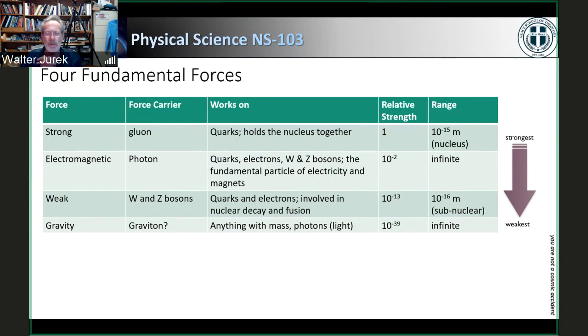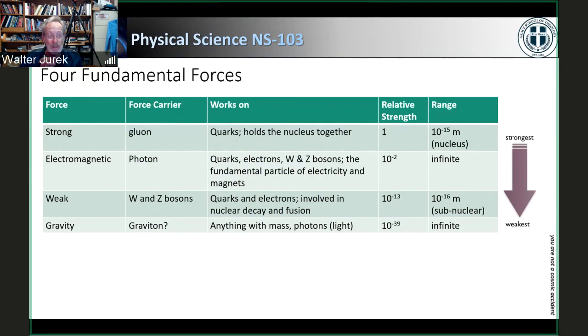The strong nuclear force is the strongest force in the universe, so we'll give it a relative strength of 1. The electromagnetic force, which is the second strongest, is 100 times weaker, only 1/100th as strong.